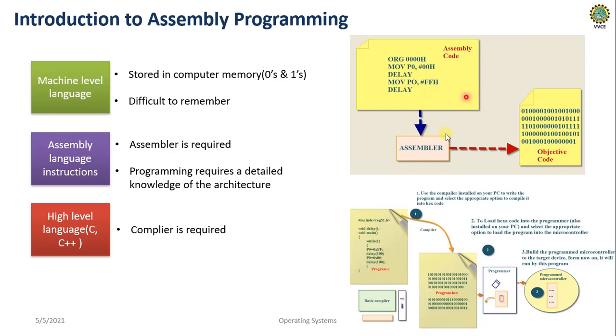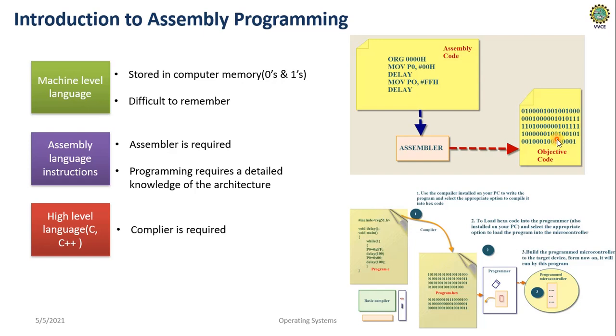Okay, so this is one simple way of comparing assembly language and a high level language like C or C++. Whatever code you write will be converted into low level language. It is also called object code, or opcode, or operational code.